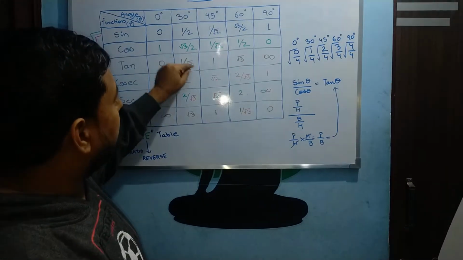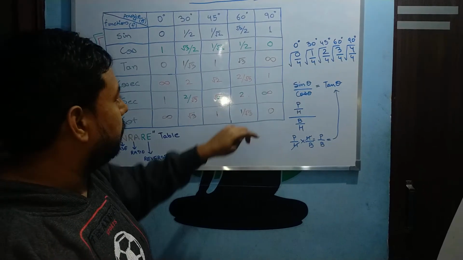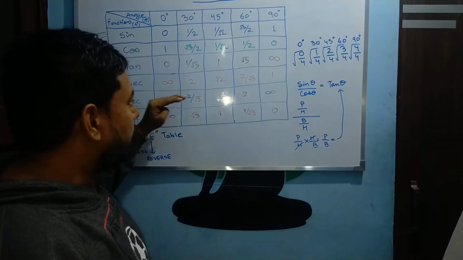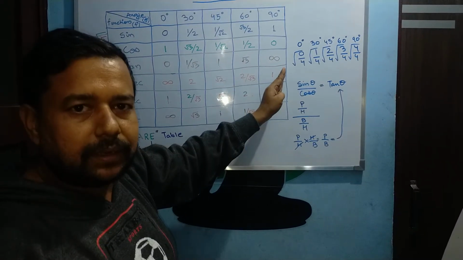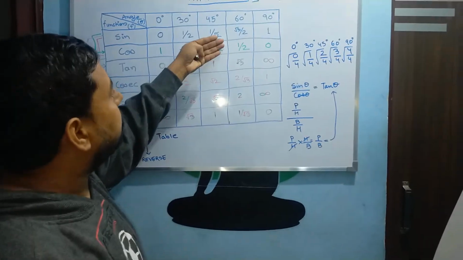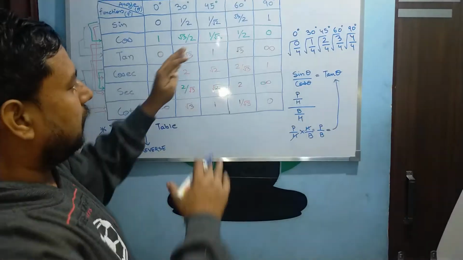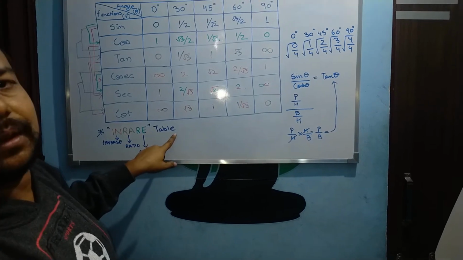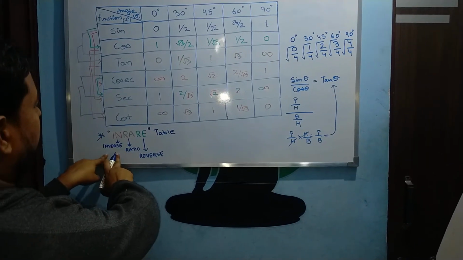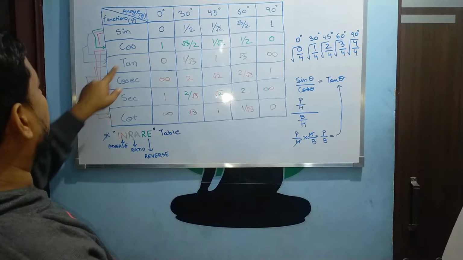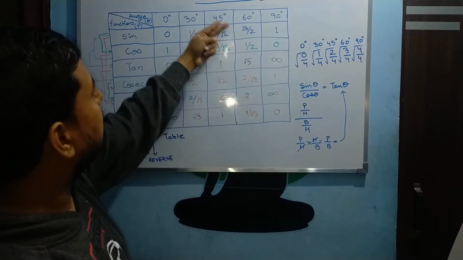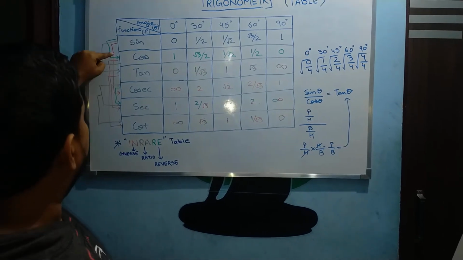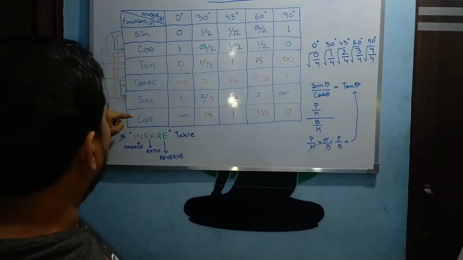And you will see that there are some values which are put in double colors, meaning it can be obtained either by the reverse method or by the inverse method. So you can remember it as in, re, ra table. Okay, for inverse, I put it in red. Red is, you can see, all the red ones are the inverse of the respective function. I already mentioned sine, cosec, cos, sec, tan, cot.